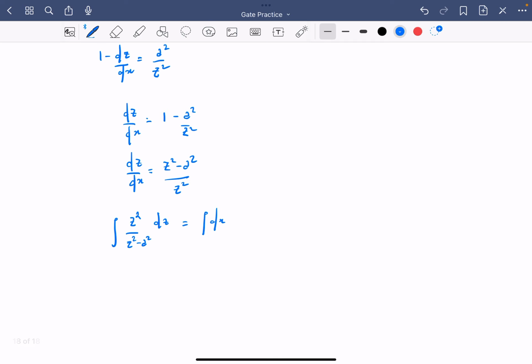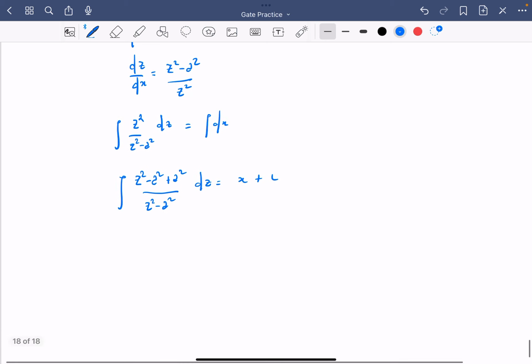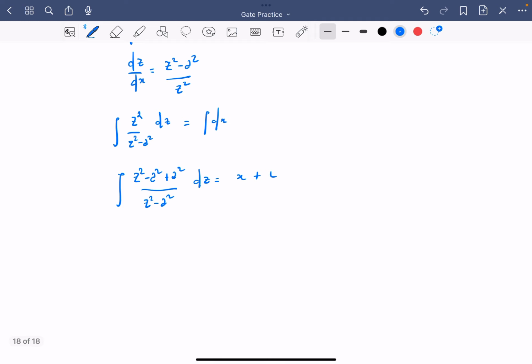So the solution to this equation will be what? Add plus or minus a square in the numerator: (z square minus a square plus a square) by (z square minus a square) is x plus c. So this is equal to 1 minus a square by (z square minus a square) dz.